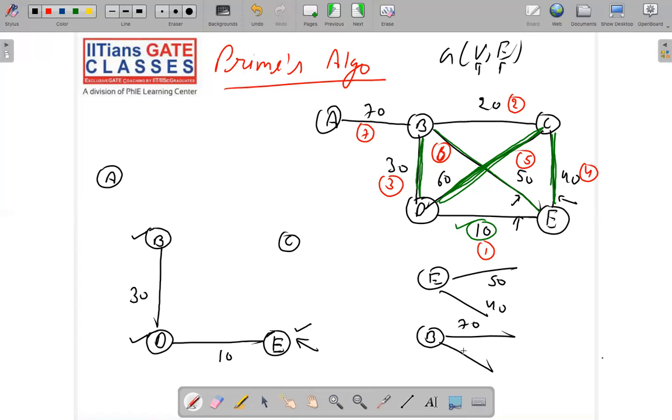One edge is 20. Another one is 50. And from D, we have a 60 only, which is not already explored. From B, we have one more edge with 20. So out of all these edges, let me draw this very clearly for you.